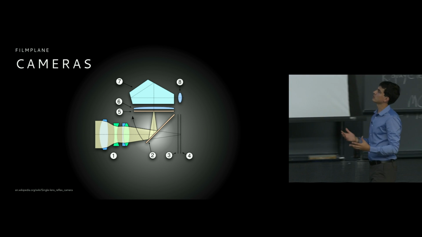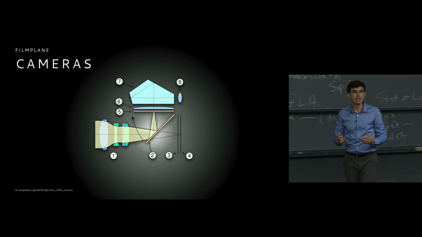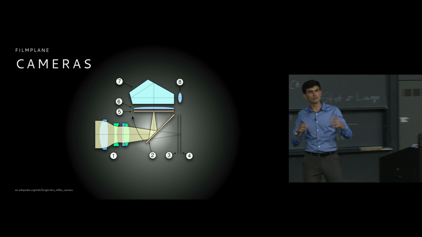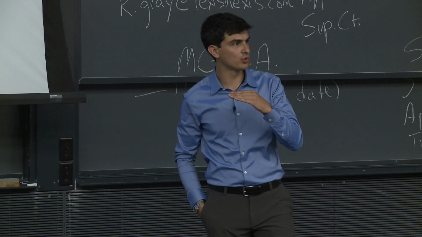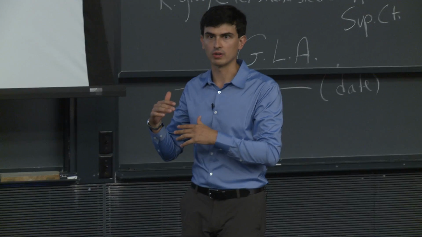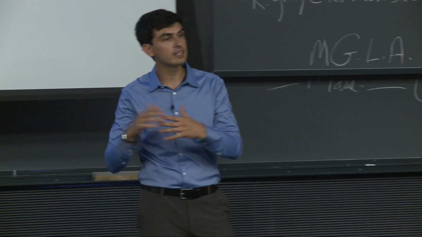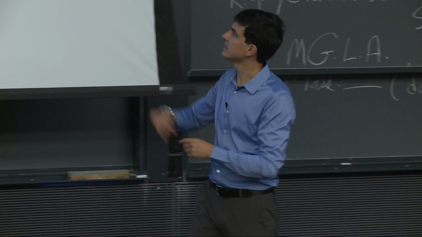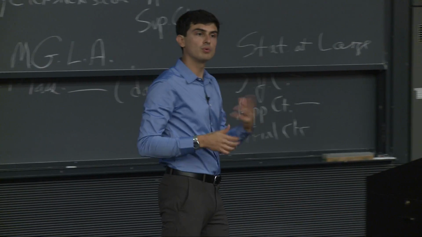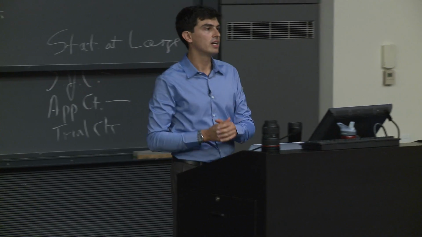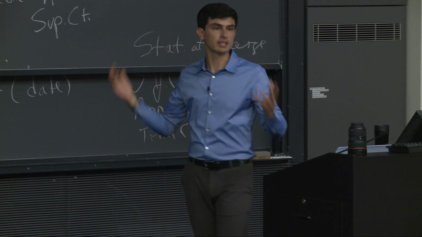So the mirror that we are dealing with, mirror number 2, is not actually a complete mirror. It doesn't reflect 100% of the light. It allows some light to pass through and hit this secondary mirror. There's a secondary mirror behind this primary mirror that reflects the light down into the bottom of the SLR, and this provides a number of functions that the camera uses for automatic anything.